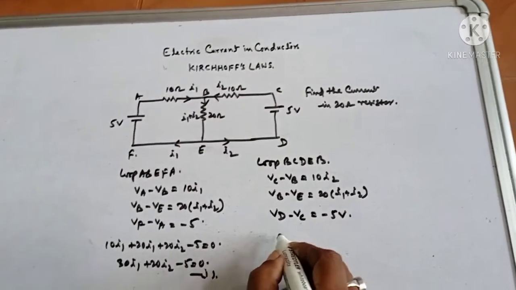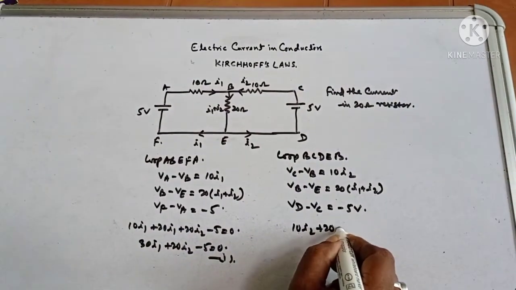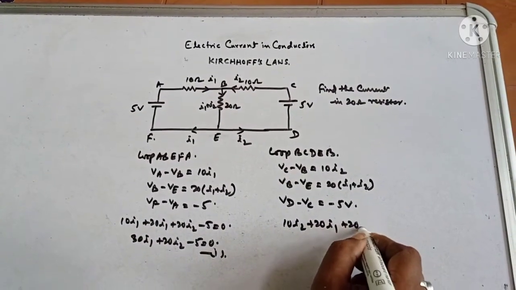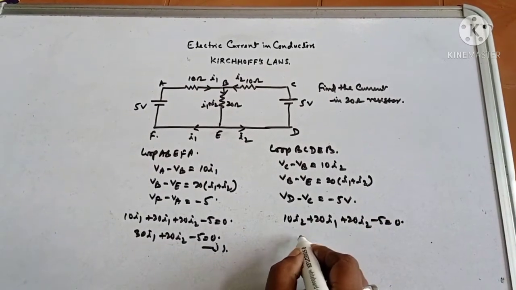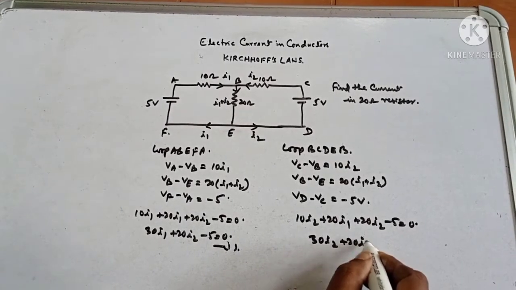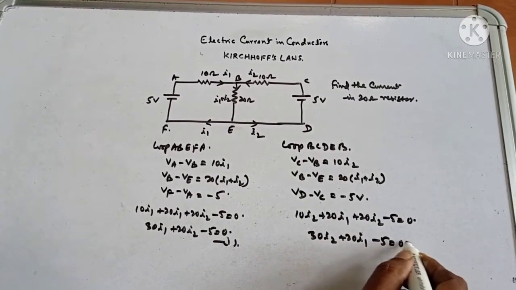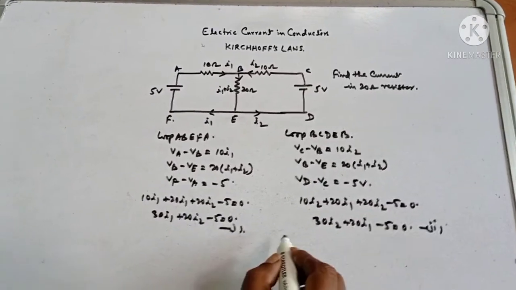Again, from the loop theory, 10I2 plus 20I1 plus 20I2 minus 5 is equal to 0, so this comes out to be 30I2 plus 20I1 minus 5 equal to 0. This is equation 2.